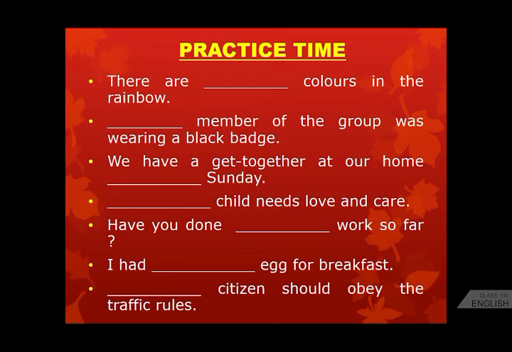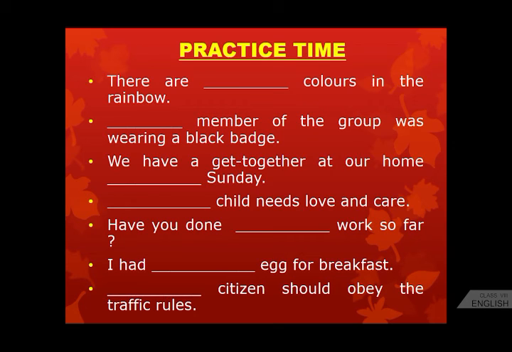Have you done work so far? It's an interrogative sentence, but the answer is negative, having negative meaning. It means, have you done any work so far? Here any will be there. Next one, I had dash egg for breakfast.